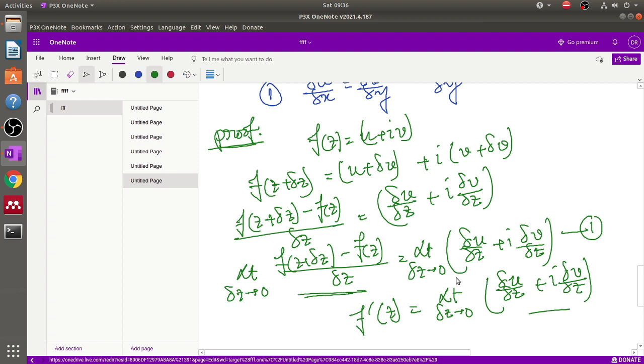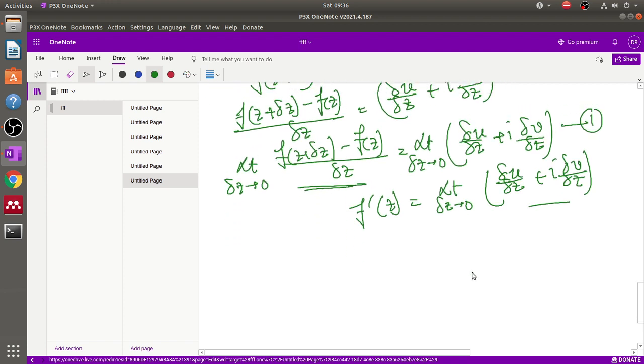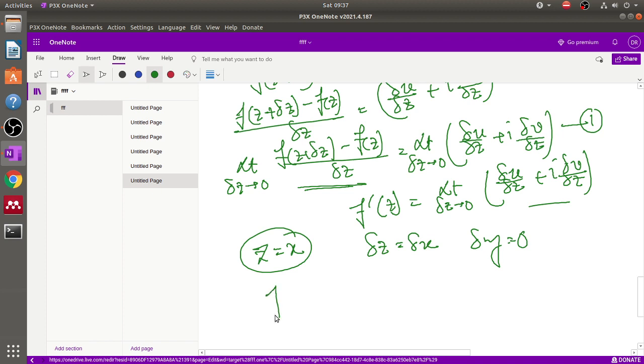Since delta z approaches 0 along any path, first consider along the real axis. On the x-axis y equals 0, therefore z equals only x and delta z equals del x. One thing should be remembered: delta y equals 0 along the x-axis. Clear? So what will be the equation?